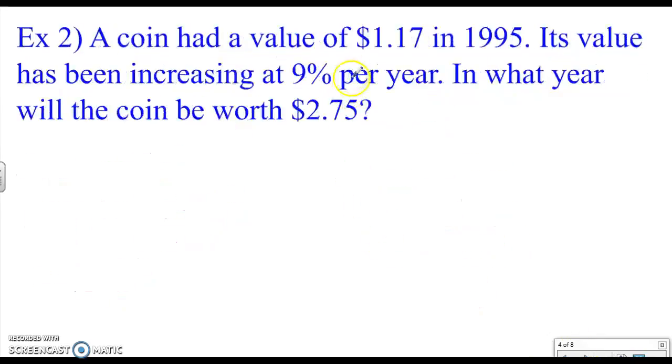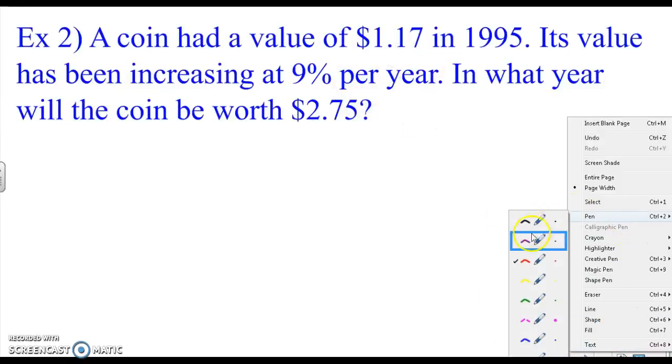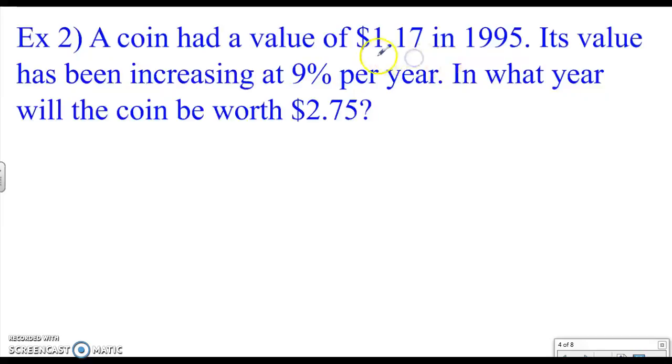Next problem. A coin had a value of $1.17 in 1995. Okay, so the coin had a value of $1.17 in 1995. Value has been increasing by 9% per year. And what year will the coin be worth $2.75? If it's increasing, we're going to use exponential growth.